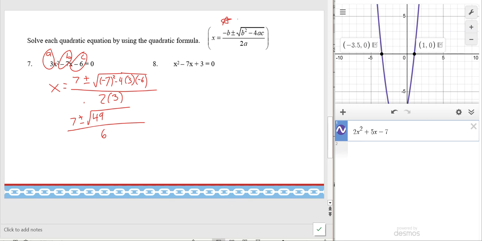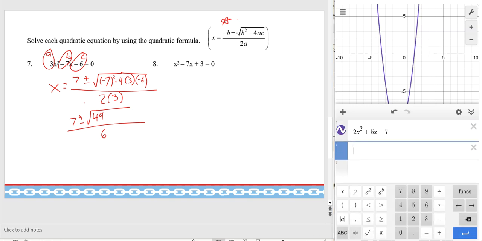And then negative 4 times 3 times negative 6 is 72. And then I'm going to take and do 72 plus 49.